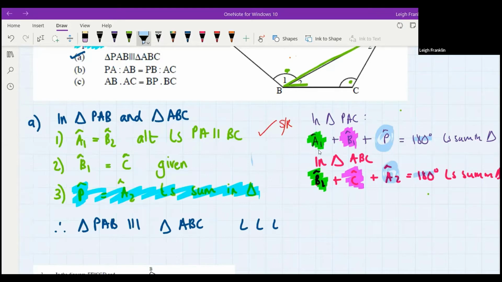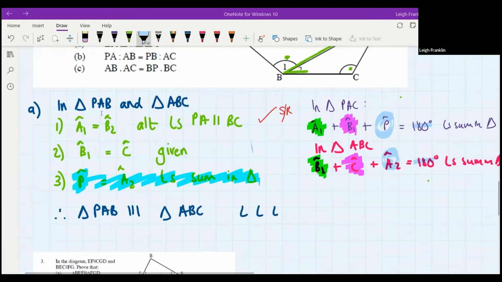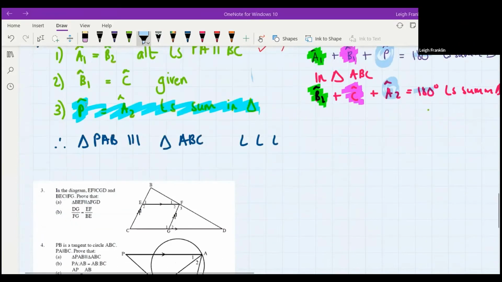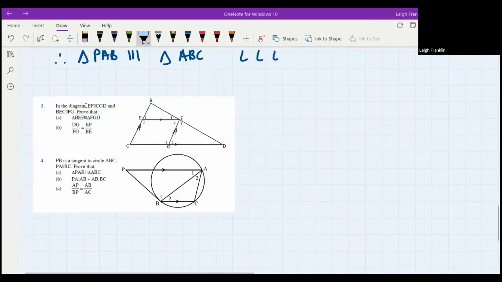Okay, so now that we've proved that the triangles are similar, we can write down the sides that are in proportion. Remember, in geometry, we write a side using two letters.